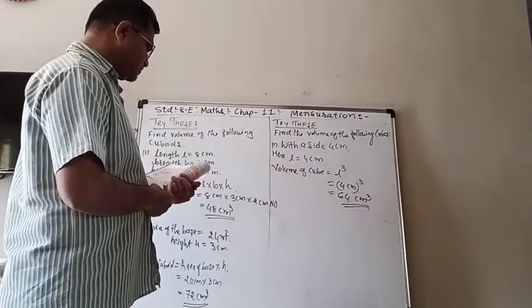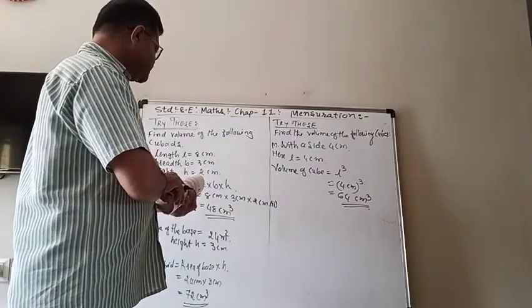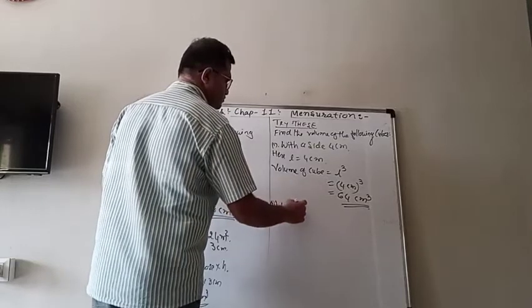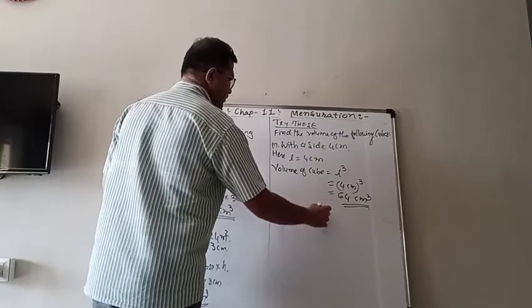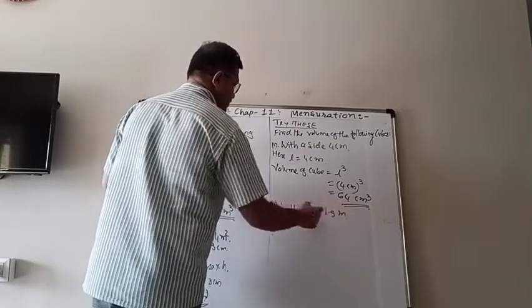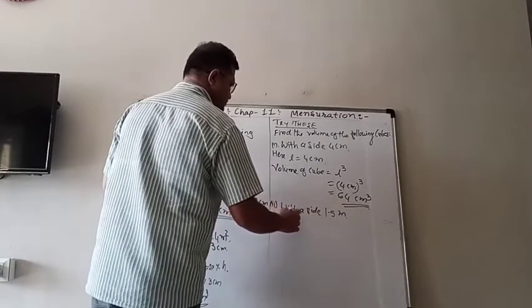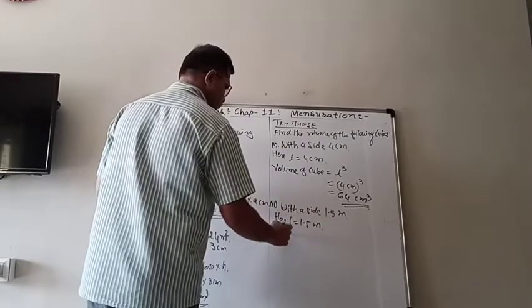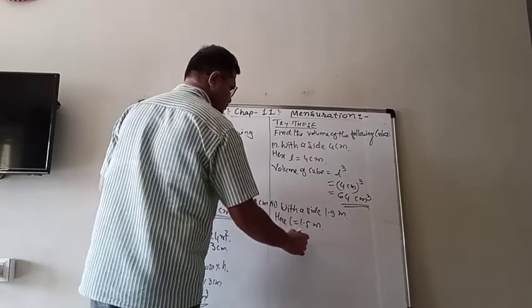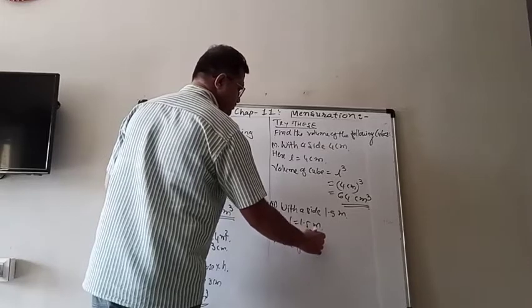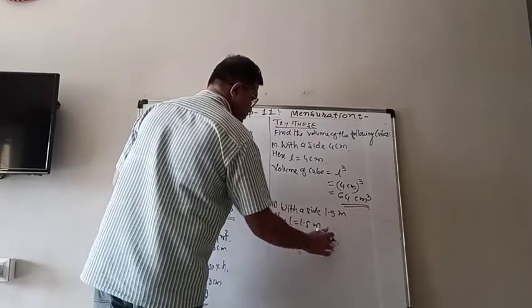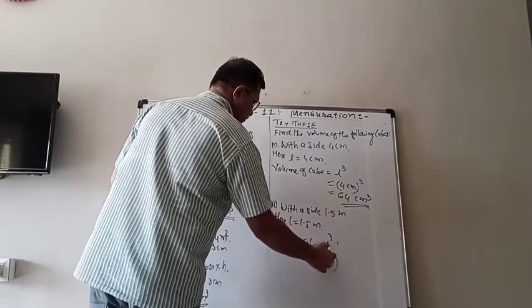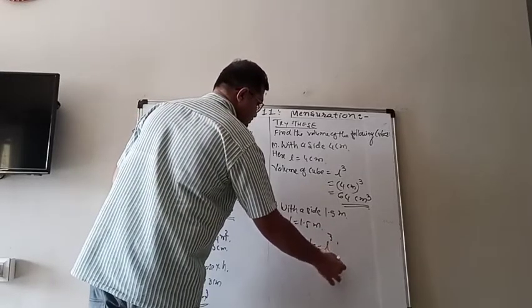In second, what is given? With a side 1.5 meter. So L is 1.5 meter. So volume of cube is equal to L cube. That is 1.5 meter whole cube.